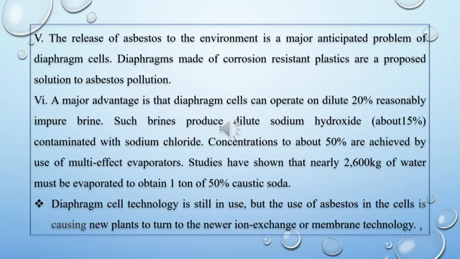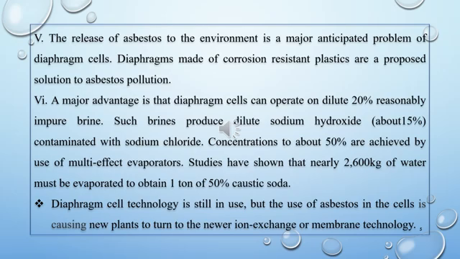In this point, as you use the diaphragm cell in which the diaphragm is made of asbestos, it will release asbestos as you use it, and that will produce asbestos pollution. You can get rid of that asbestos pollution by using corrosion-resistant plastic diaphragms.